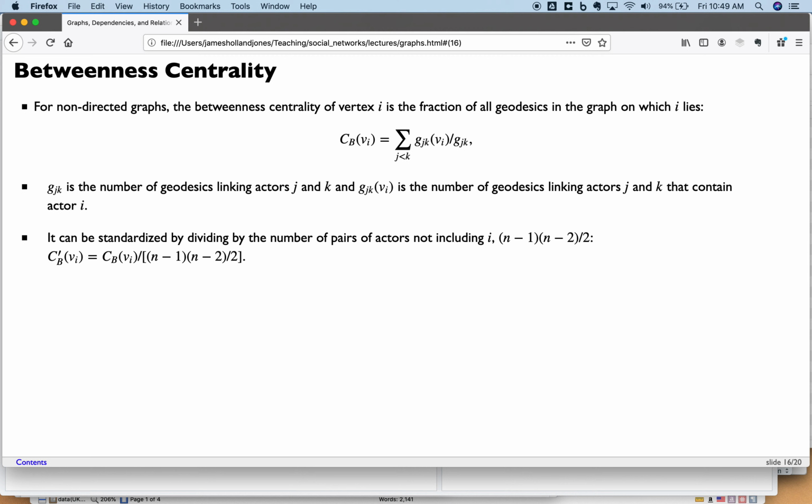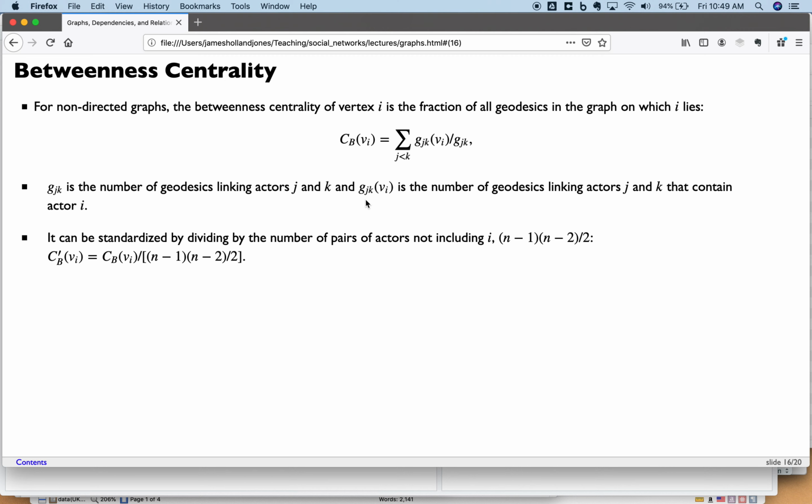Betweenness centrality. For non-directed graphs, the betweenness centrality of vertex i is the fraction of all geodesics, or shortest paths, in the graph on which i lies. So g_jk is the number of geodesics linking actors j and k, and bear in mind there can be multiple of these. In a tight, dense graph, there often will be multiple geodesics between j and k.